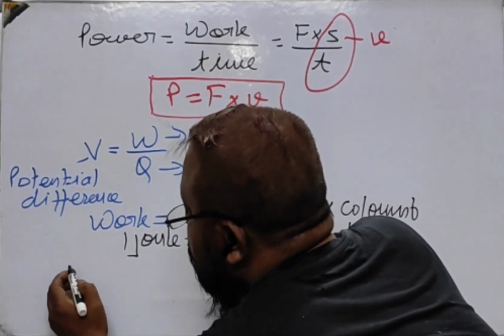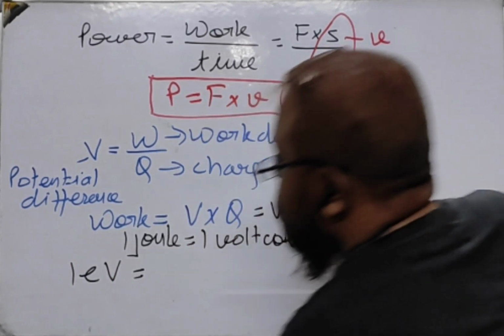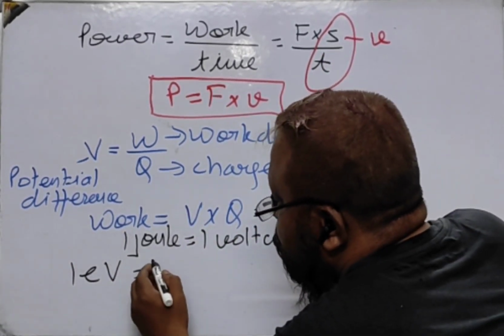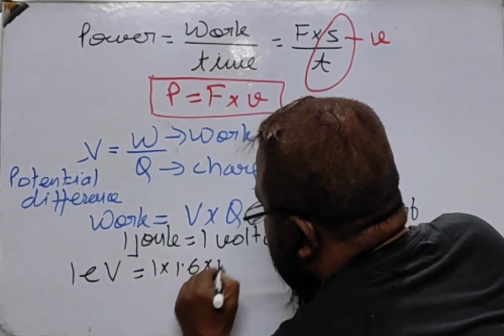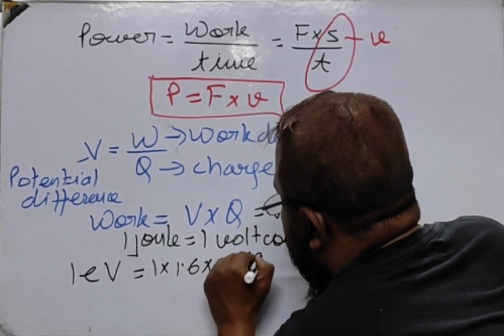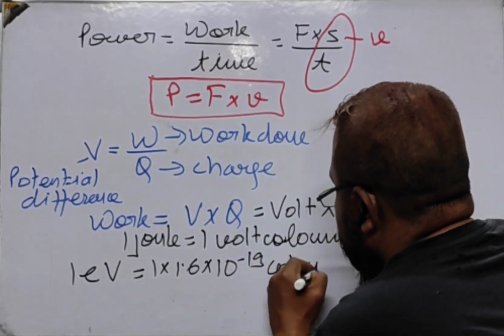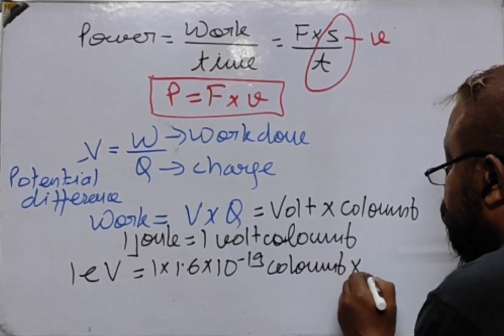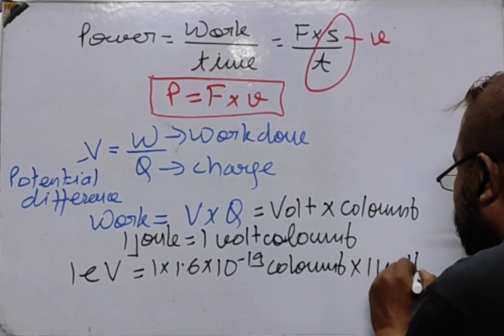So 1 electron volt means charge on 1 electron, that is 1 into 1.6 into 10 to the power minus 19 coulomb into 1 volt, right?